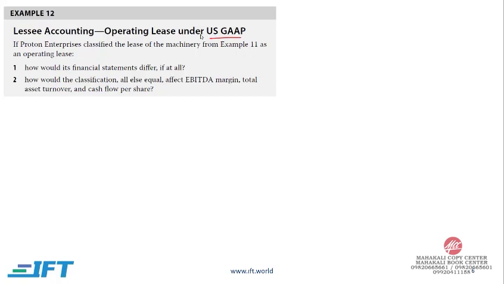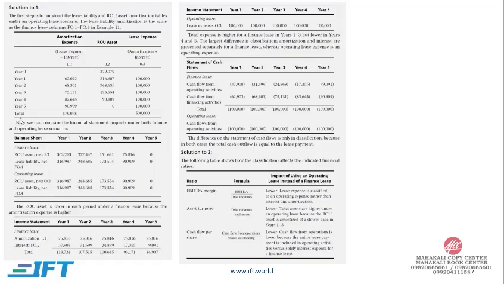Now lease accounting, operating lease under US GAAP. In US GAAP there are two different methodologies. One methodology is finance lease, and the other one is operating lease. Now in finance lease, it's similar to what we have done in IFRS. So we have assets and we have liability.